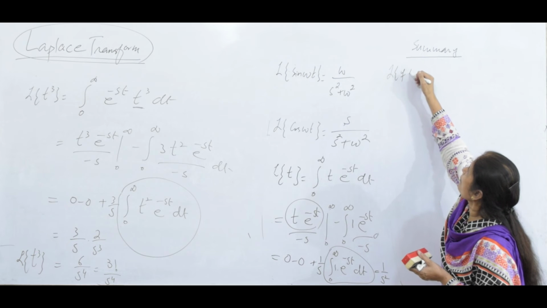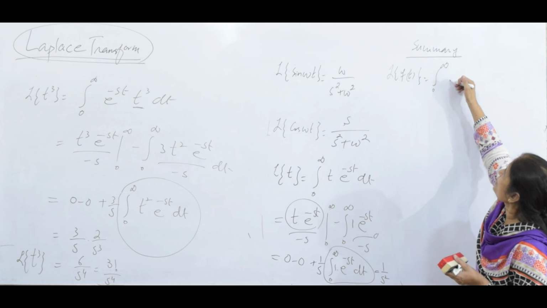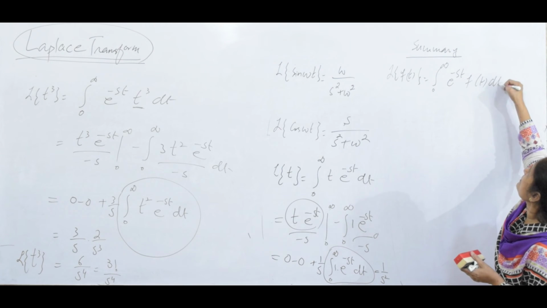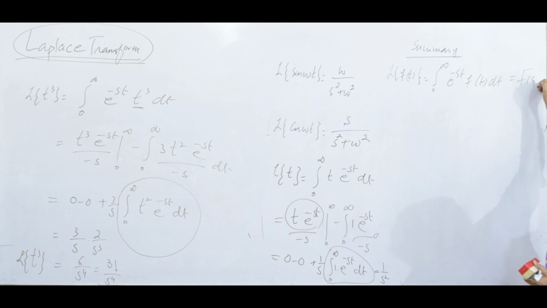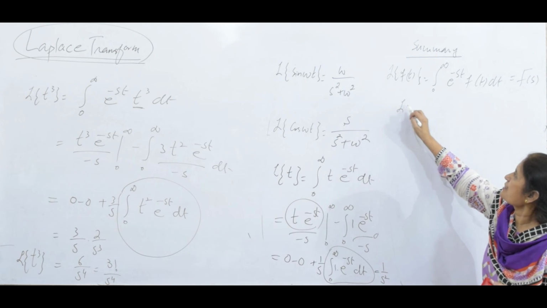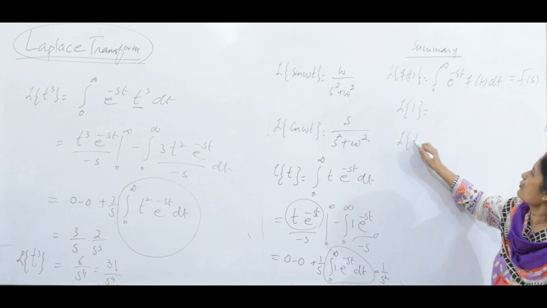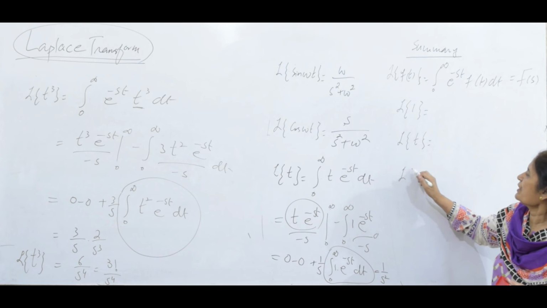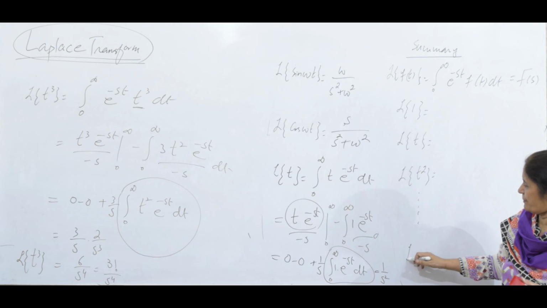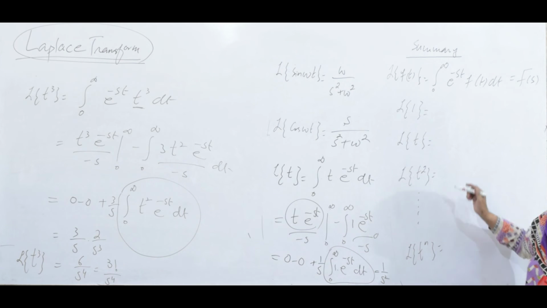Laplace transform by definition is the integral from 0 to infinity of e to the minus st times f of t dt, and this is a function of s. Then the Laplace transform of 1, of t, of t square, and of t to the n, where n is a positive integer.